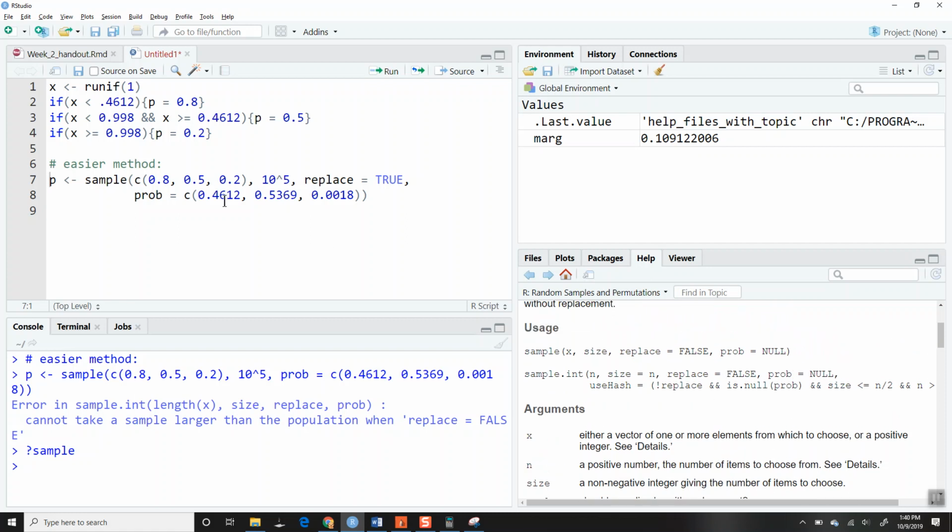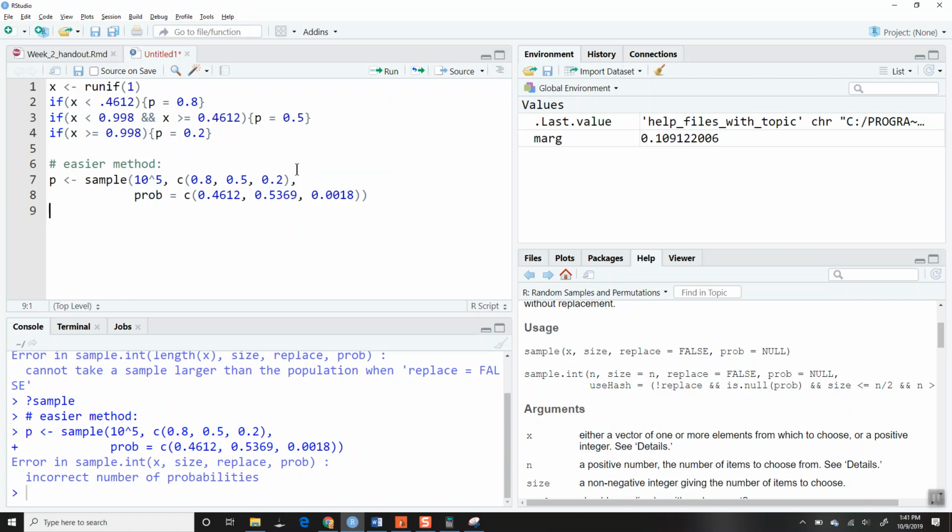No, we want the number of items to choose from. Okay, sorry, you were right. Did I do this wrong? It should work. Incorrect number of probabilities? Doesn't add up to 1?